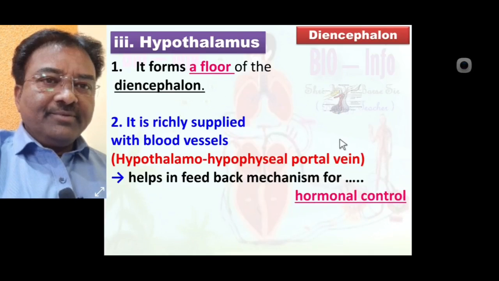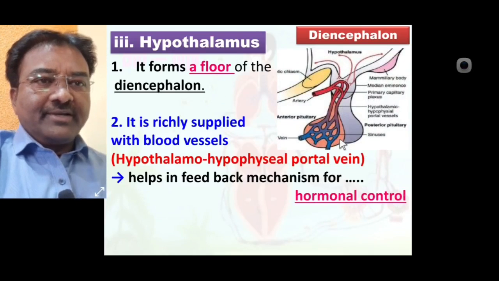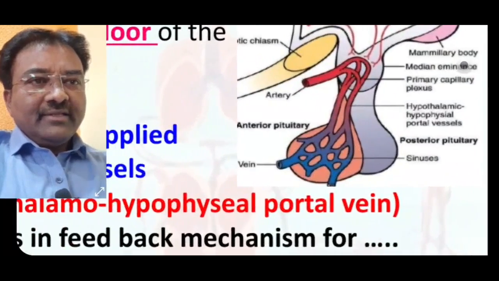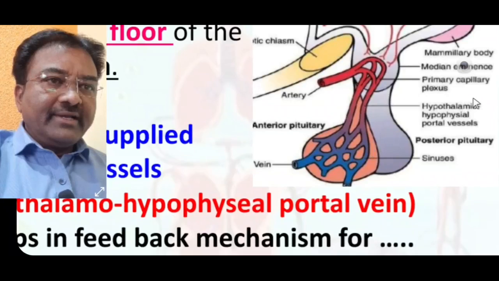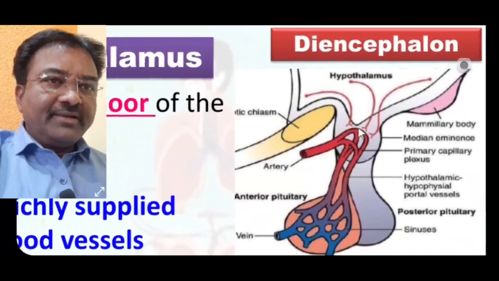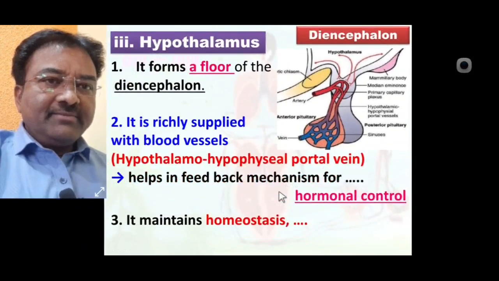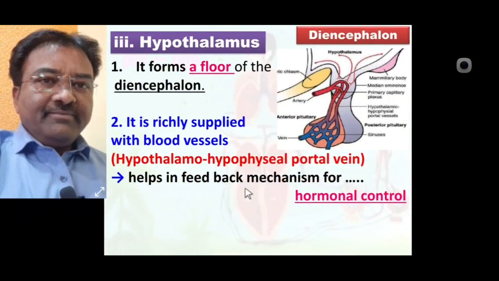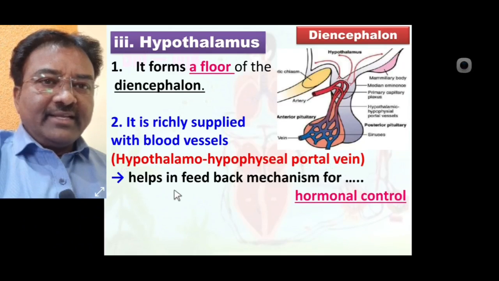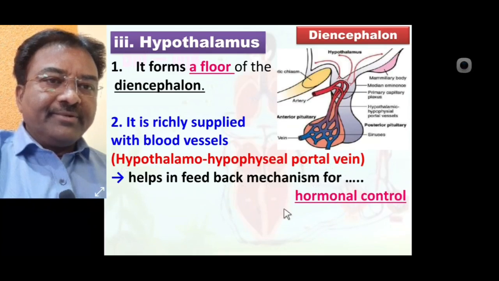Seen here, labeled hypothalamo-hypophyseal portal vein. So this vein provides a rich blood supply to the hypothalamus, and such blood vessel arrangement helps the feedback mechanism for hormonal control.